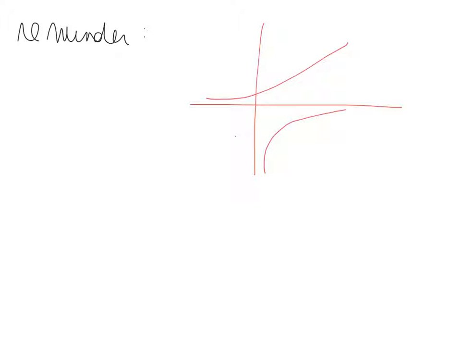As a reminder, earlier we looked at logarithmic and exponential functions and how they are inverses of each other. That's what we're looking at here: exponential functions and logarithmic functions, and how they are also reflected over the line y equals x.